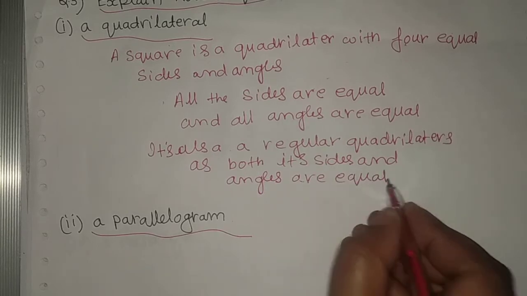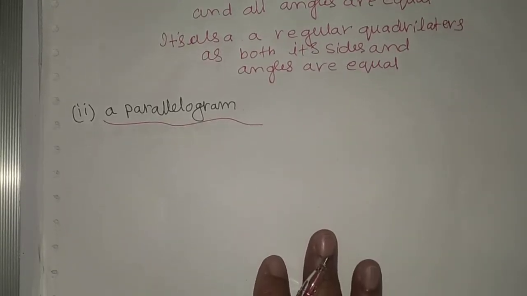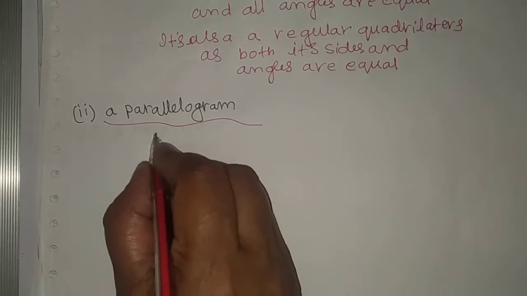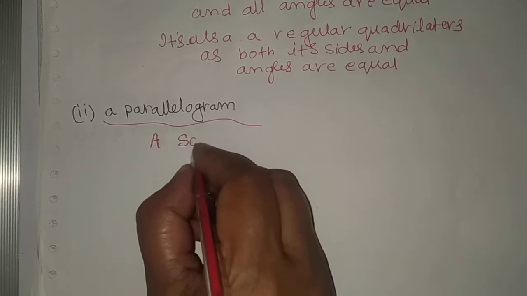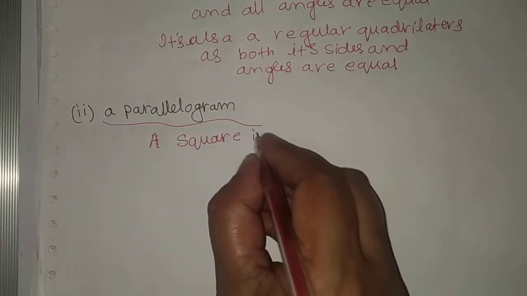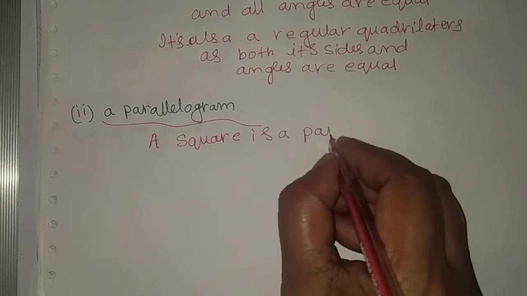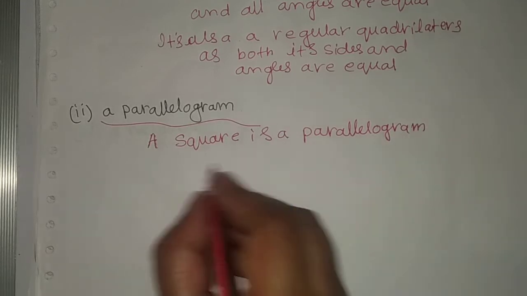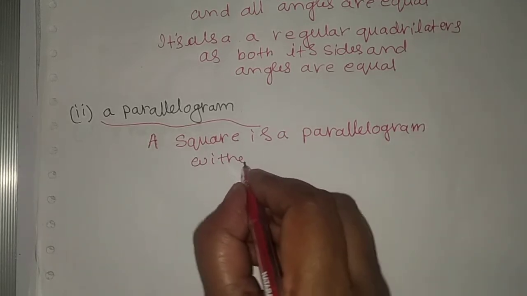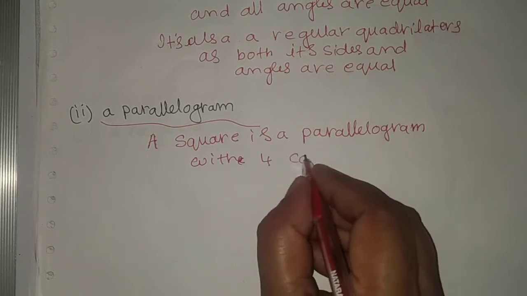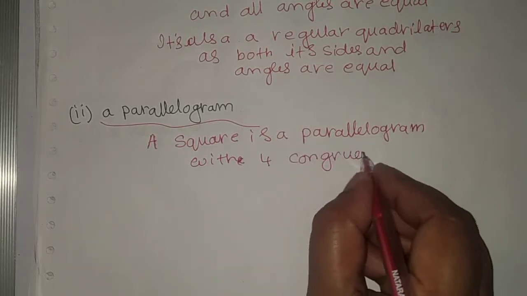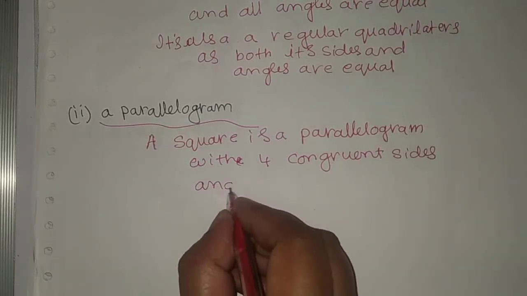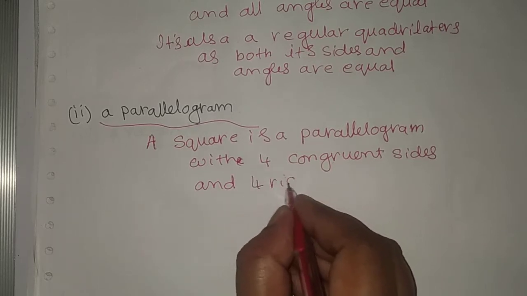So next we move on to the next option, that is a parallelogram. So a square is a parallelogram means, first point, a square is a parallelogram. It's also a quadrilateral with four congruent sides, or equal sides you can say, and four right angles.